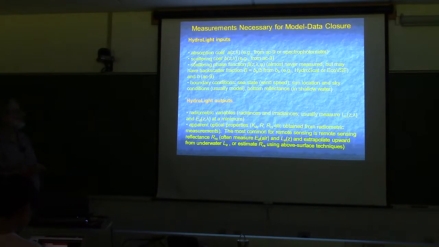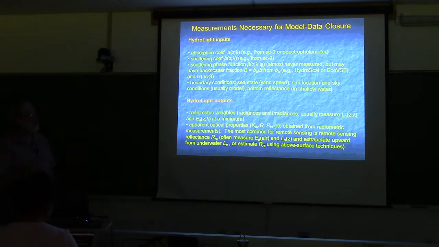Well, you've seen now Hydrolight inputs. You need to know the absorption coefficient as a function of depth and wavelength. So maybe you got that from an AC9, maybe a spectrophotometer. You need to know the scattering coefficient, so maybe you got that from your AC9 or an ACS. You need to know the phase function.